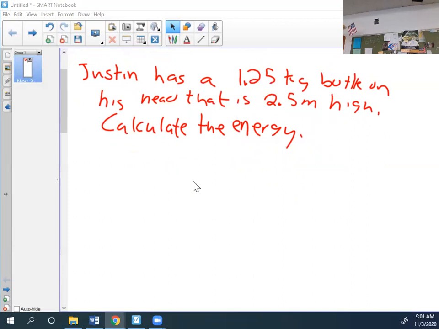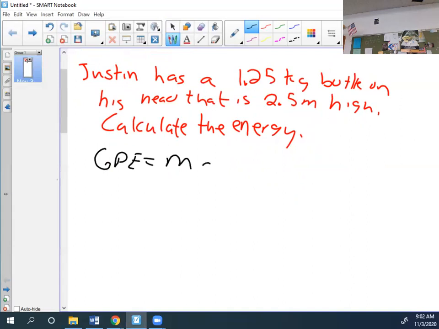All right, so GPE equals mgh. So what's the mass? 1.25 kilograms is the mass. Times, what's the gravity?